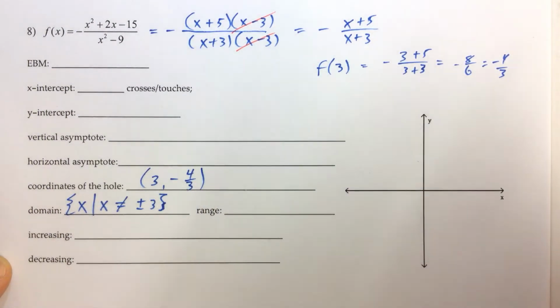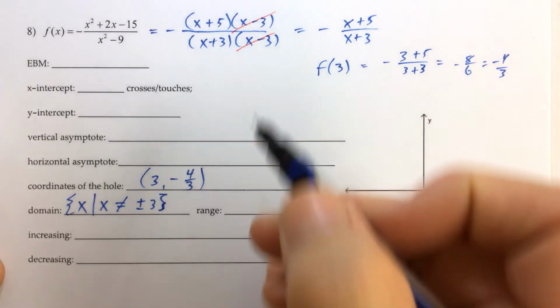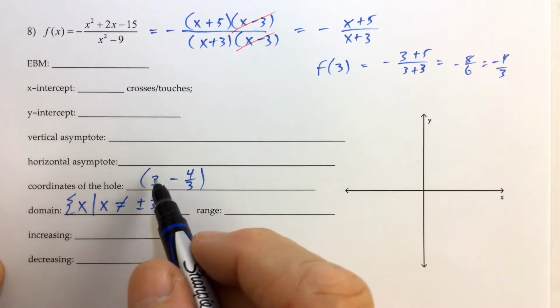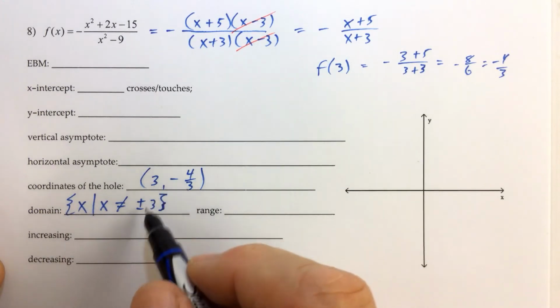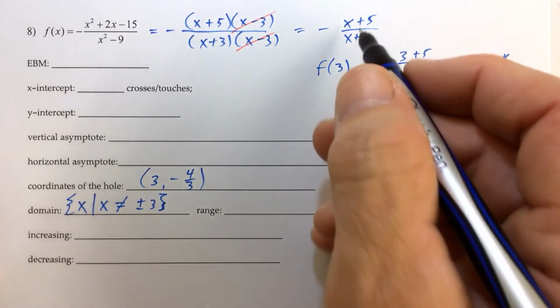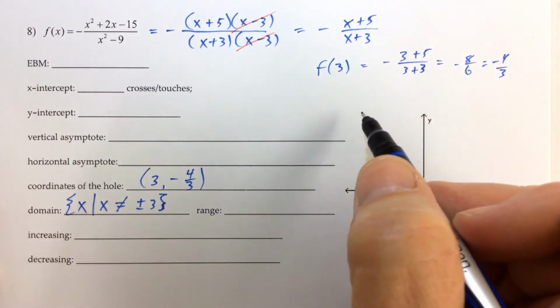So we want to get that taken care of, because once we reduce it, sometimes, for me, I forget to go back and take care of that factor that got canceled. So now that we have determined the hole and that it's not in the domain, we can focus on just the factored and reduced version of our function f of x.